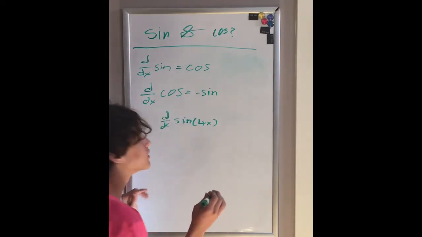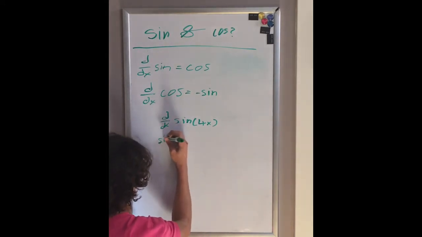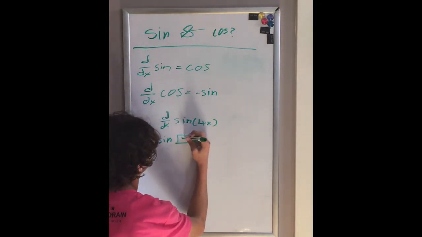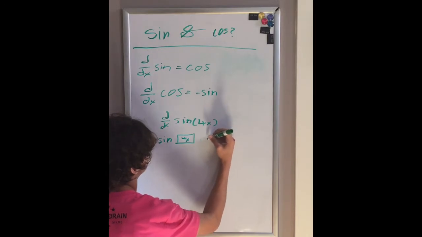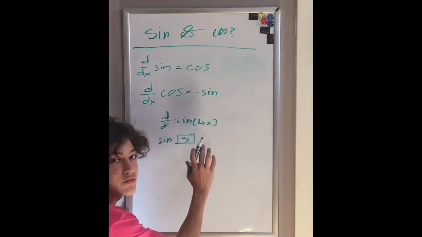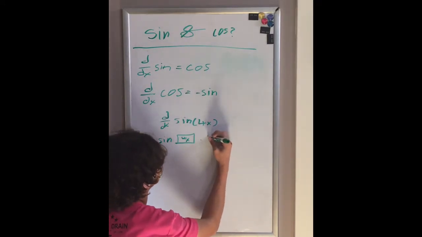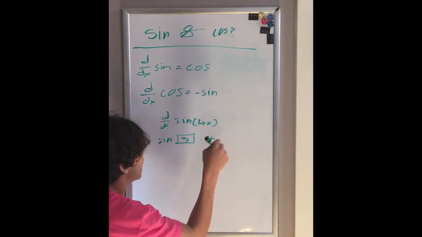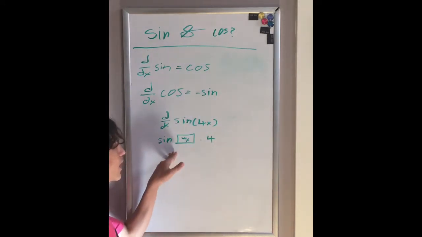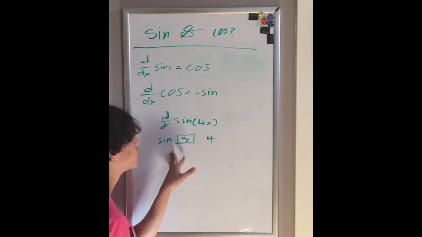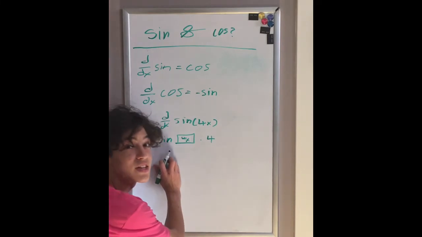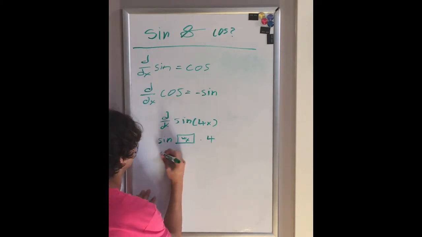So it's going to look like this. Derivative of 4x is 4. But wait, can't forget to take the derivative of the outside box. So really, the derivative of sine is cosine, so it's going to be like this.